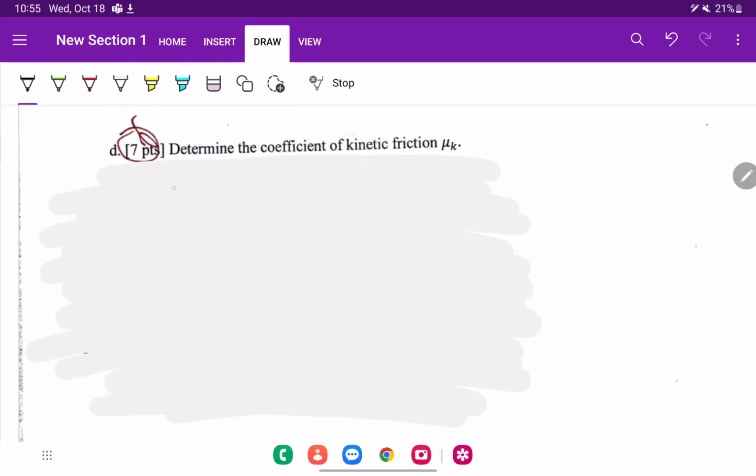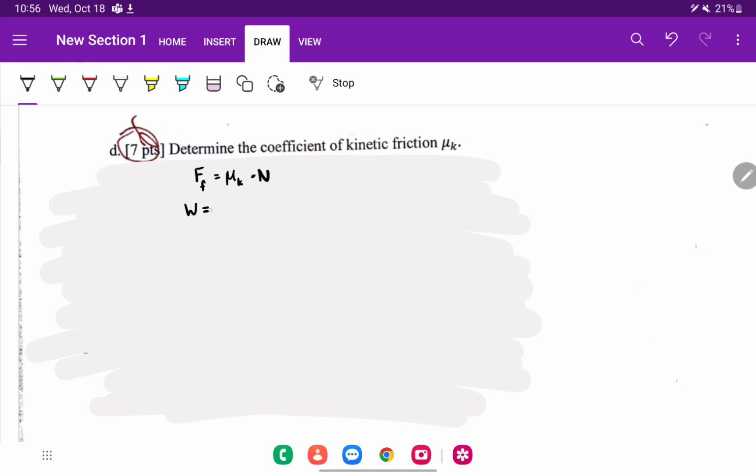So let's see here. I'm going to call this force due to friction, and we know that the force of friction is always the coefficient of friction times whatever our normal force is.